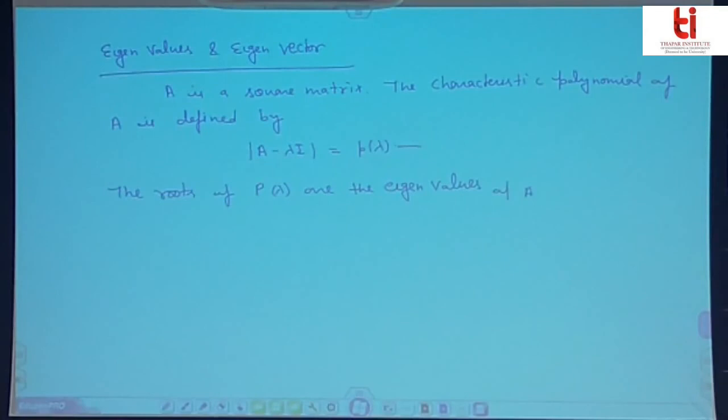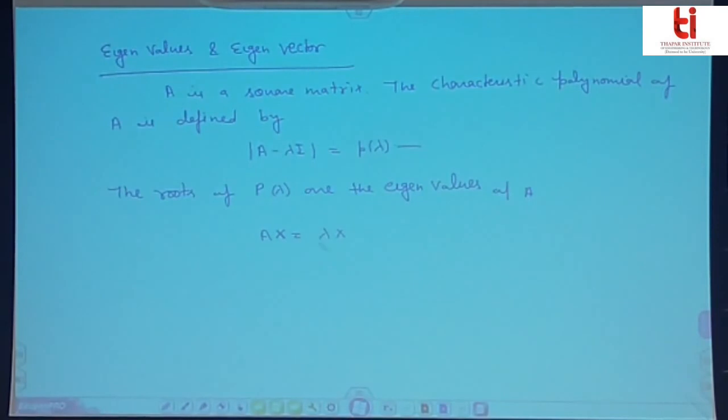So we can write Ax equal to lambda x. Physically, A is a matrix that will transform the vector x into the vector x multiplied by some number lambda.